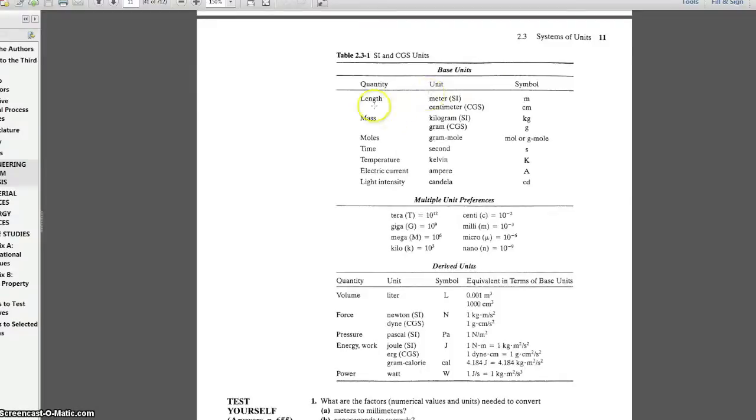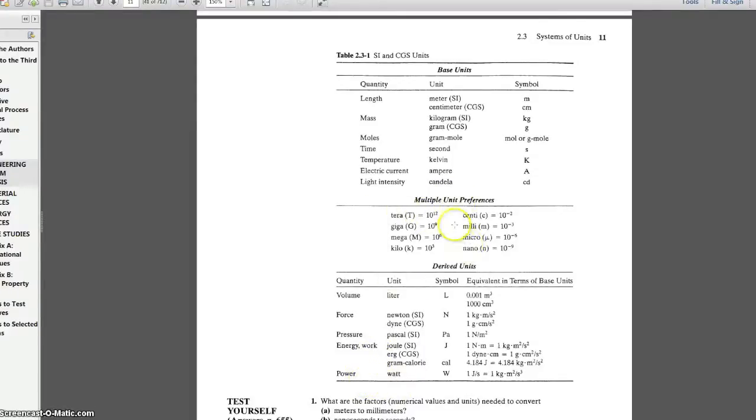So the base units are length, mass, mole, time, temperature, current, and intensity, while the derived units are volume, force, pressure, work, power, and all those.